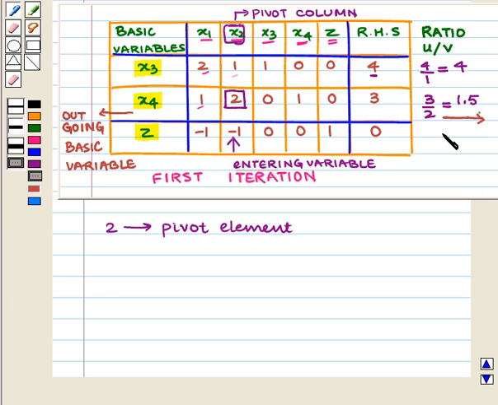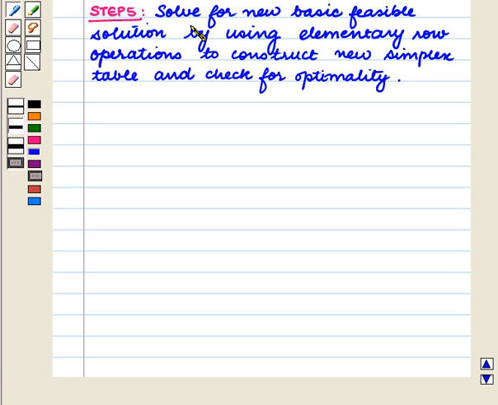This row is called the pivot row. Our next step will be to solve for a new basic feasible solution by using elementary row operations to construct a new simplex table and check for optimality.